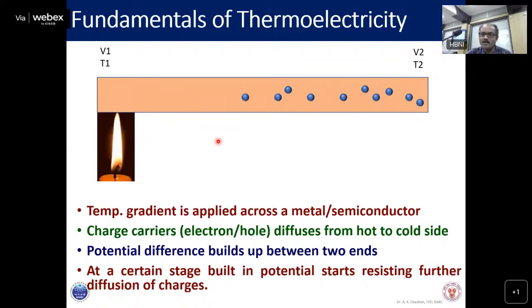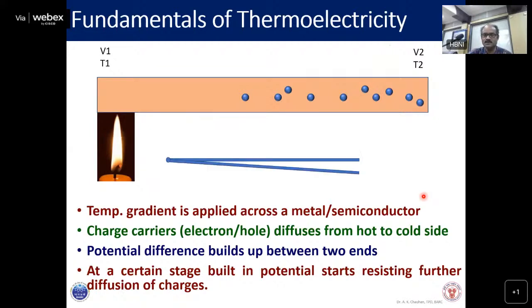After some time, a thermal equilibrium will be established where this end is at a certain potential and this end is at a different potential, and so an EMF will be generated.